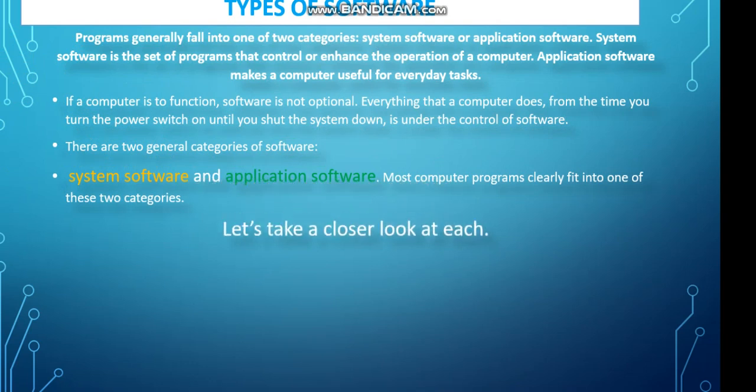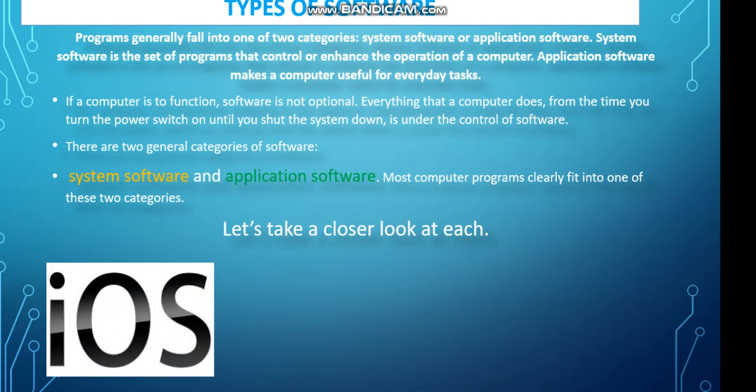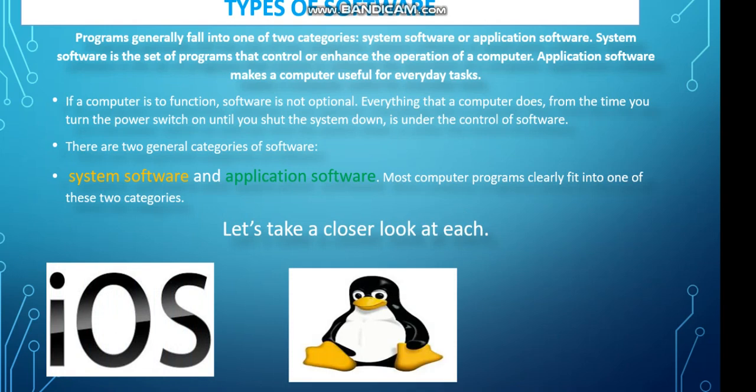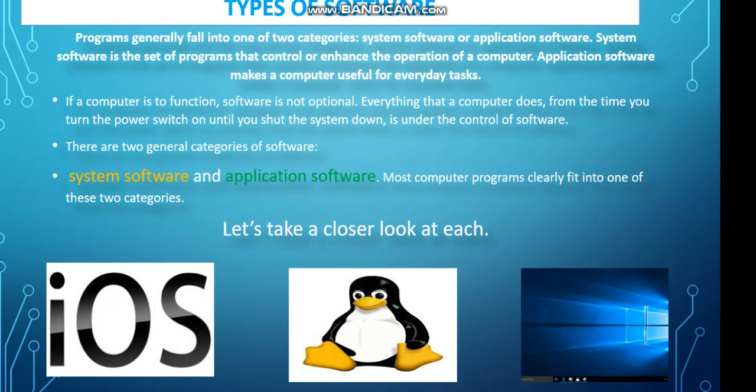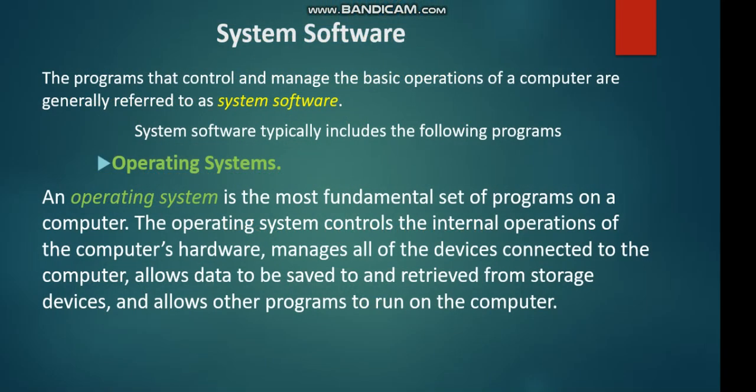So let's take a closer look at system software. We have iOS, Linux, and Windows. The programs that control and manage the basic operation of a computer are generally referred to as system software, such as the operating systems I've shown you.